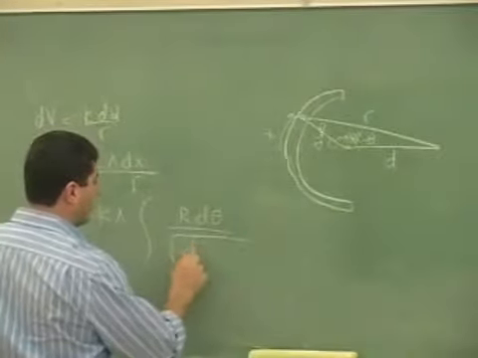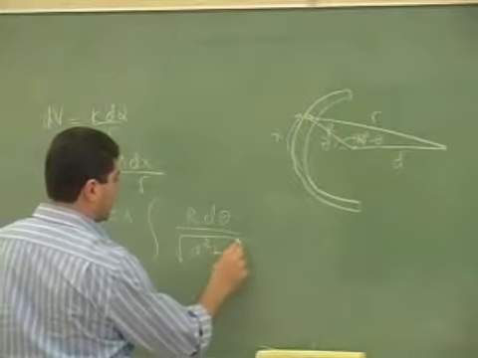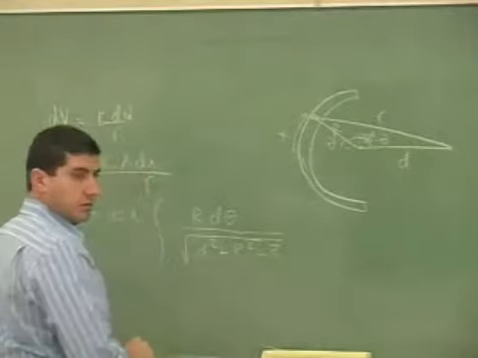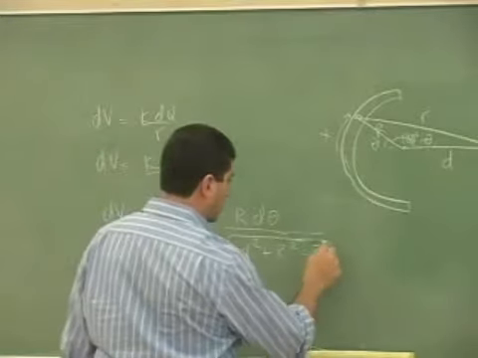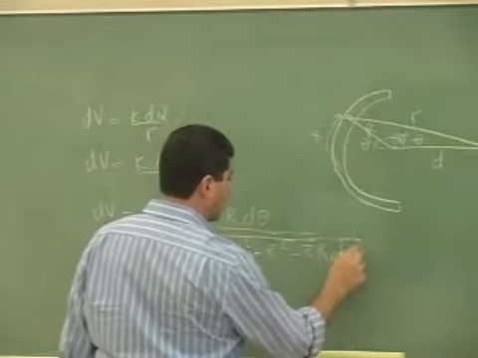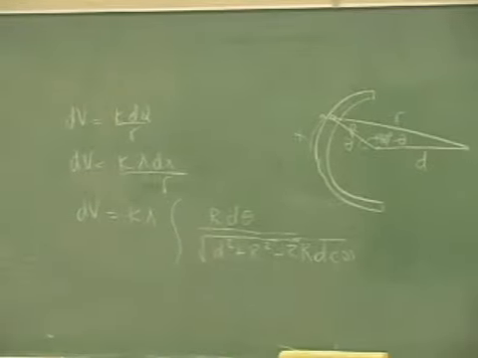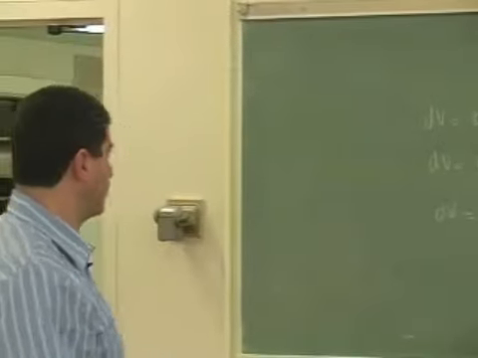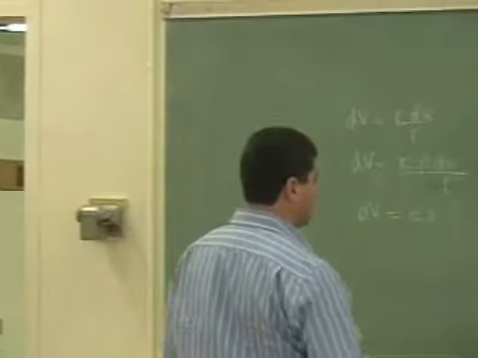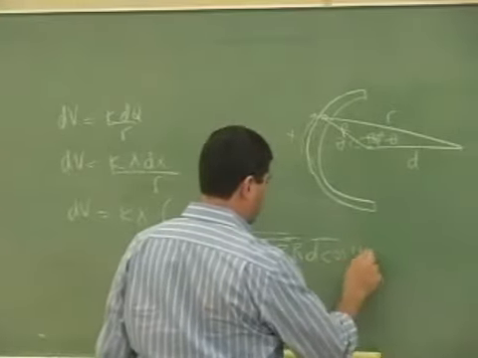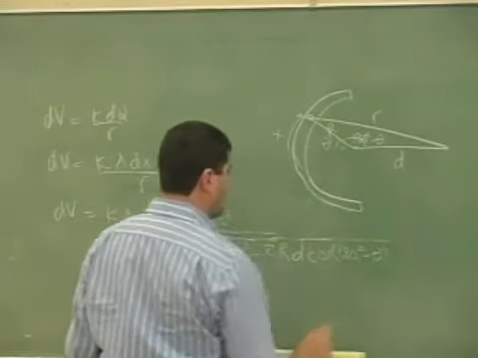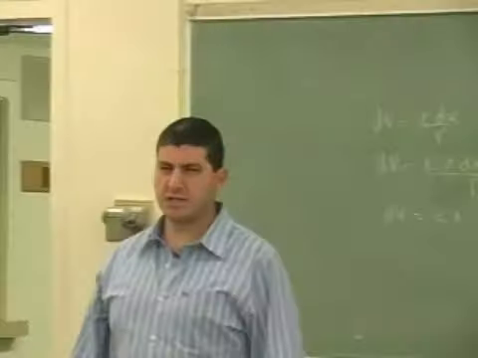R is equal to the square root of d squared plus r squared minus 2 times r times d times cosine of 180 minus theta, right? Which is what? Is there an easier way of writing cosine of 180 minus theta? Is that sine of theta?